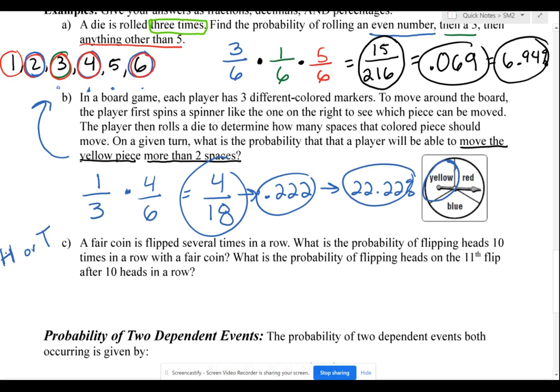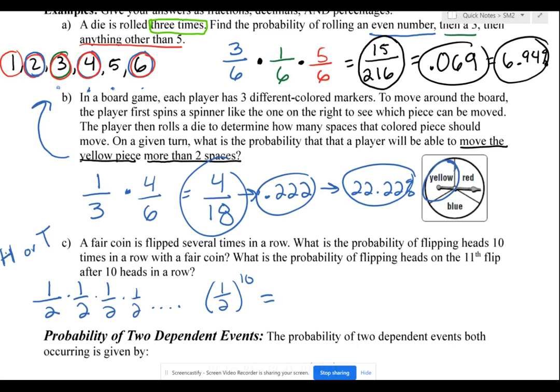So every time we flip that coin, it's going to be one side out of the two that we want. So flipping heads every time is going to be 1/2 times 1/2 times 1/2 times 1/2, 10 times. But a better way we could write that is 1/2 to the 10th power, because I don't want to write it out 10 times.